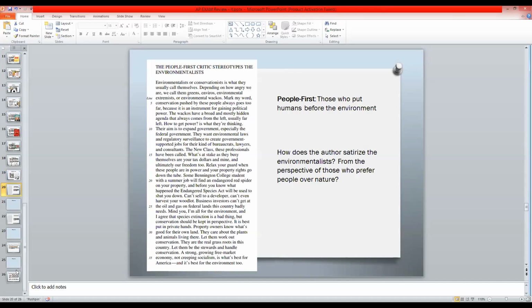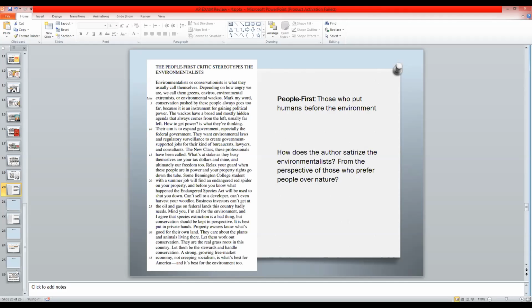So the first column here, the piece begins with the people first critic stereotyping the environmentalists. If you don't know what people first means, it basically is people who put humans before the environment. So even though people are like, save the trees, people first would say, no, let's use the trees so humans can have tables and lumber and whatever. So in this piece, the people first are going to criticize the environmentalists.